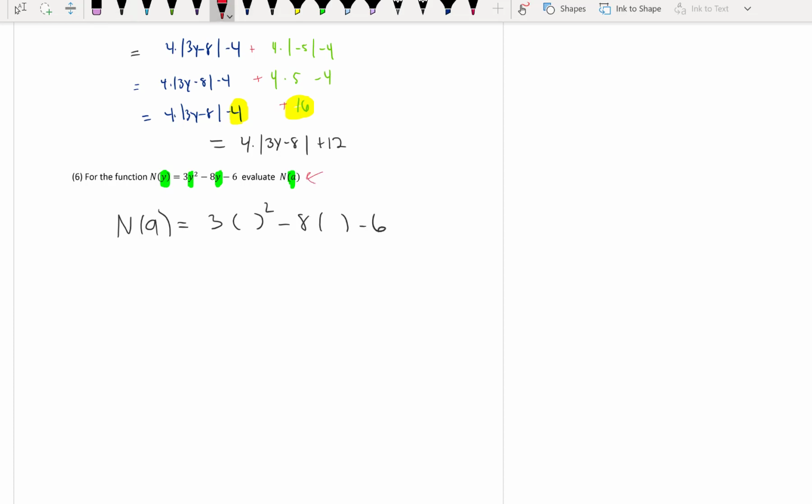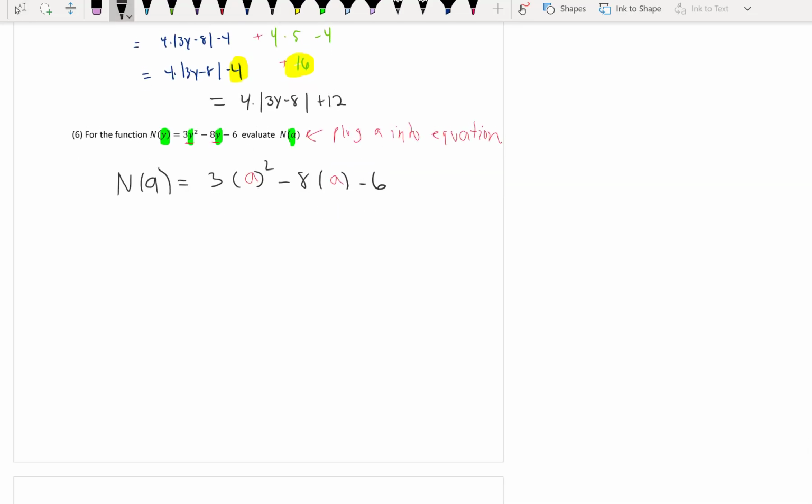What we're doing is plugging a into the equation. We're going to plug in a every time we see the variable y. So now I'm going to have 3a squared minus 8a minus 6. So our function with a is going to be 3a squared minus 8a minus 6.